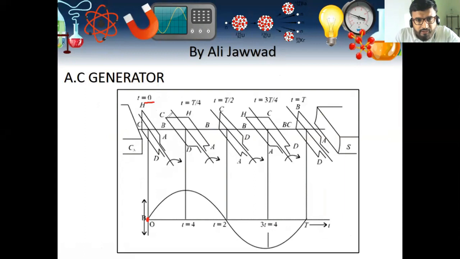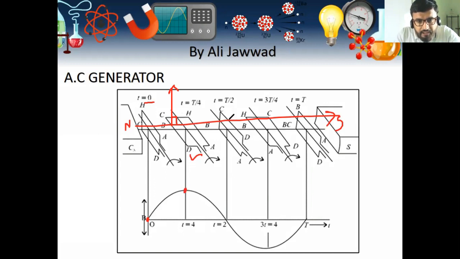And when the coil was in this position, the second one, we were getting maximum EMF. And why? Because this is the north pole, this is the south pole, and this is the direction of the magnetic field, and the velocity vector is in the upward direction. So it is making 90 degrees with it. So at 90 degrees, we are getting the maximum voltage.